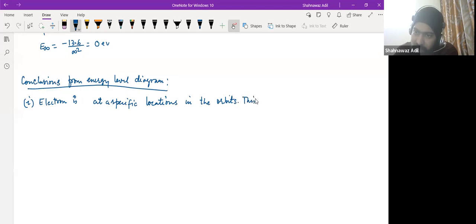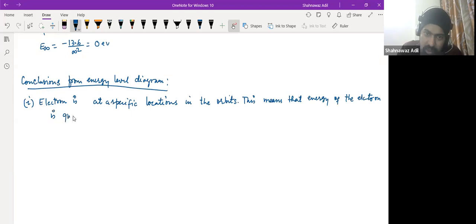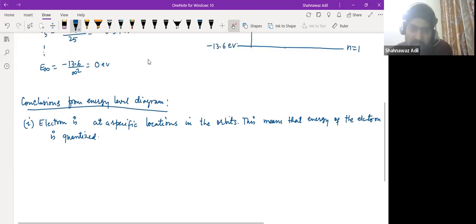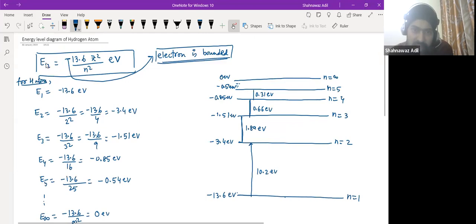This means that the energy of the electron is quantized, right? Which we can write in the form of an integral multiple. We can also see that from this, that the energy is related to an integral multiple of n, where n goes from 1 to infinity, right?